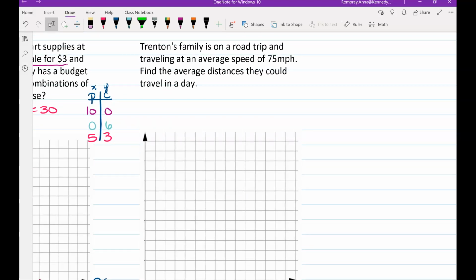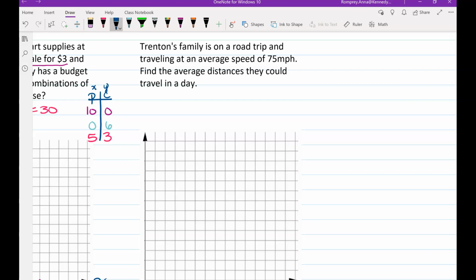So Trenton, all right, Trenton, what y'all got going on? So Trenton's family, they're on a road trip. Awesome, traveling at an average speed of 75 miles an hour. So it wants us to find the average distances they could travel in a day. Are we giving enough information? Let's go back. Let's mark the text.